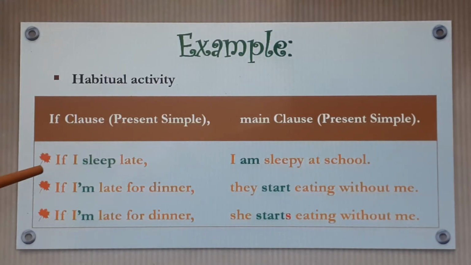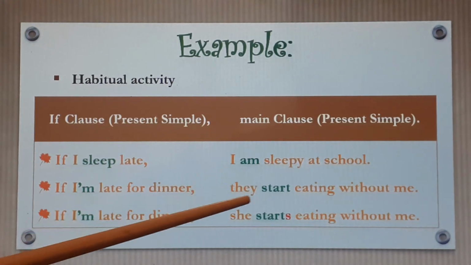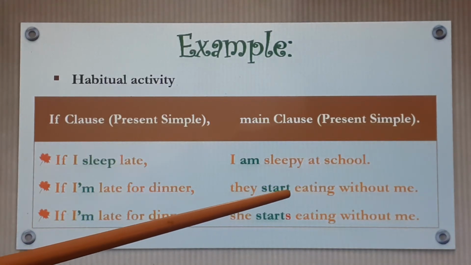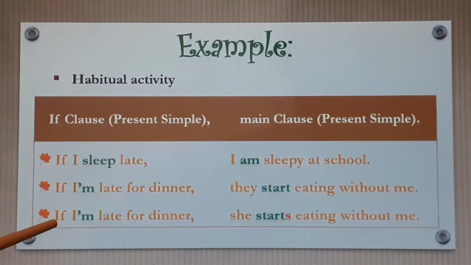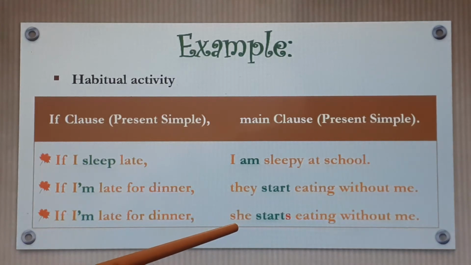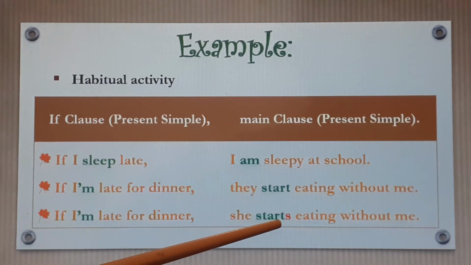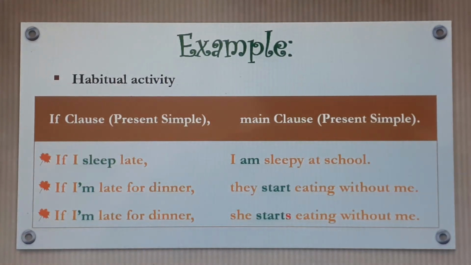So actually, the second and the third examples are similar, but for the second example, the subject in the main clause is they. So the verb we use without s, okay? While in the third example, the subject in the main clause is she, so we use s for the verb, okay? I hope you can see the difference through these clauses, okay?